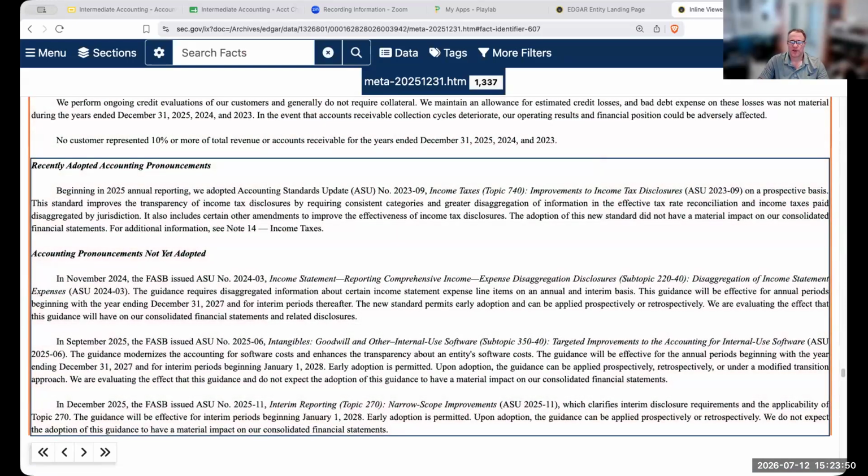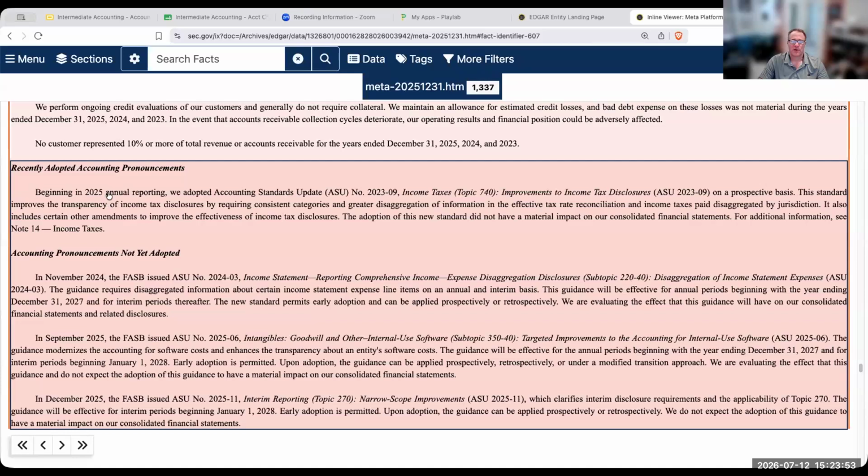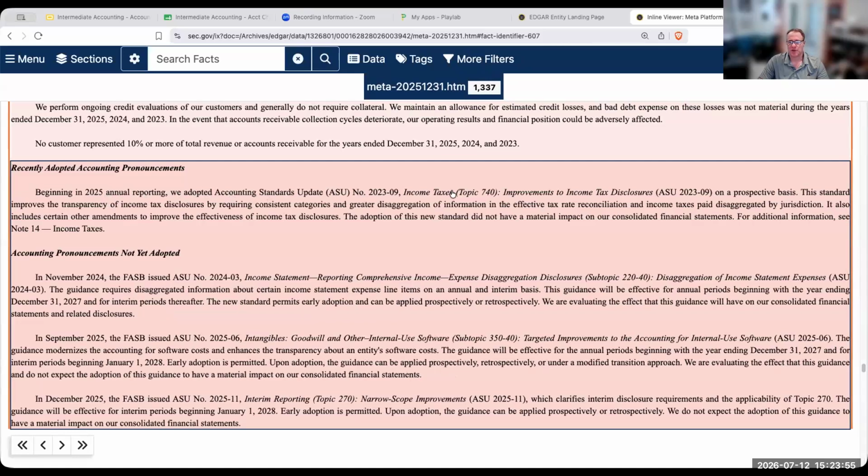For example, over here: beginning in 2025 annual reporting, we adopted ASU, that's not Arizona State University, Accounting Standards Update 2023-09, Improvements to Income Tax Disclosures, on a prospective basis. This standard improves the transparency of income tax disclosures by requiring consistent categories and greater disaggregation.